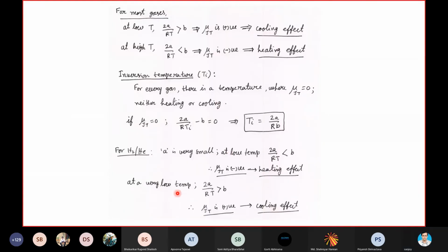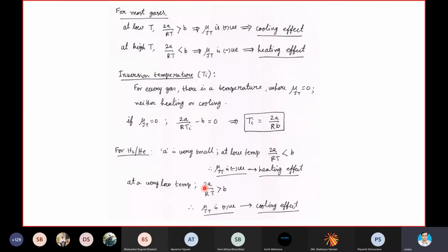But if you go to a very low temperature, A is small, but if you make T very small, then again at some point this ratio may become greater than B. So you will again see a cooling effect. But this cooling effect for these gases will occur at a much lower temperature than that observed for other gases. So the same behavior is shown by hydrogen and helium.